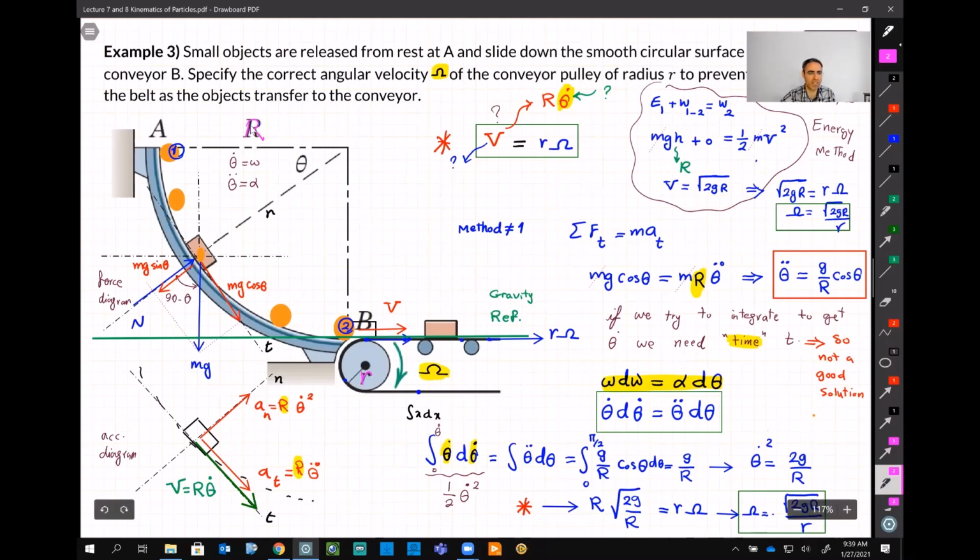We have this big R, which is the radius of these sliding things, and then we have this small r, which is the radius of this conveyor. So when I'm writing the formula for acceleration, down here, this one has to be big R, and this is the big R, because they represent the motion when this particle or this box is sliding down on a circle which has this big radius R.